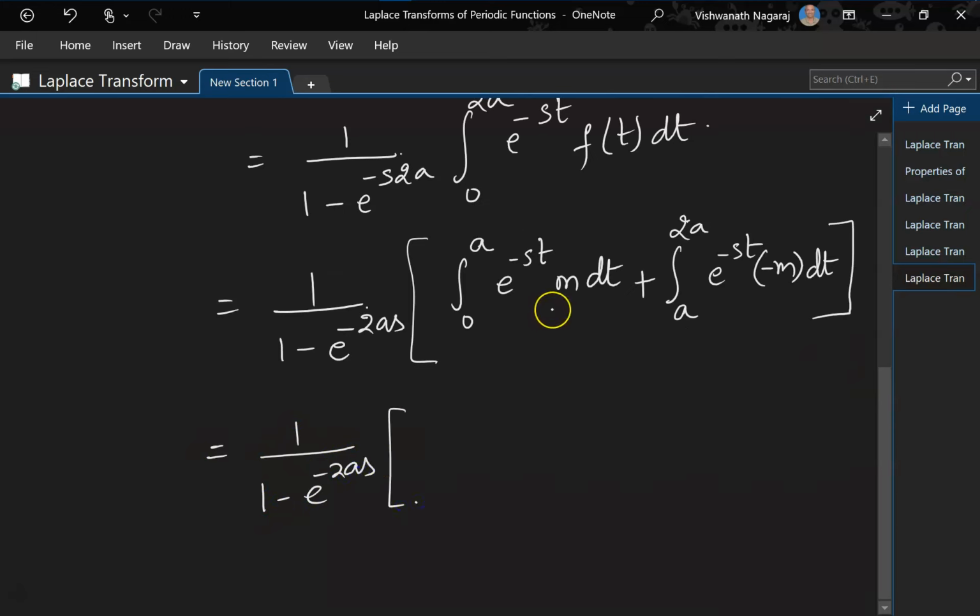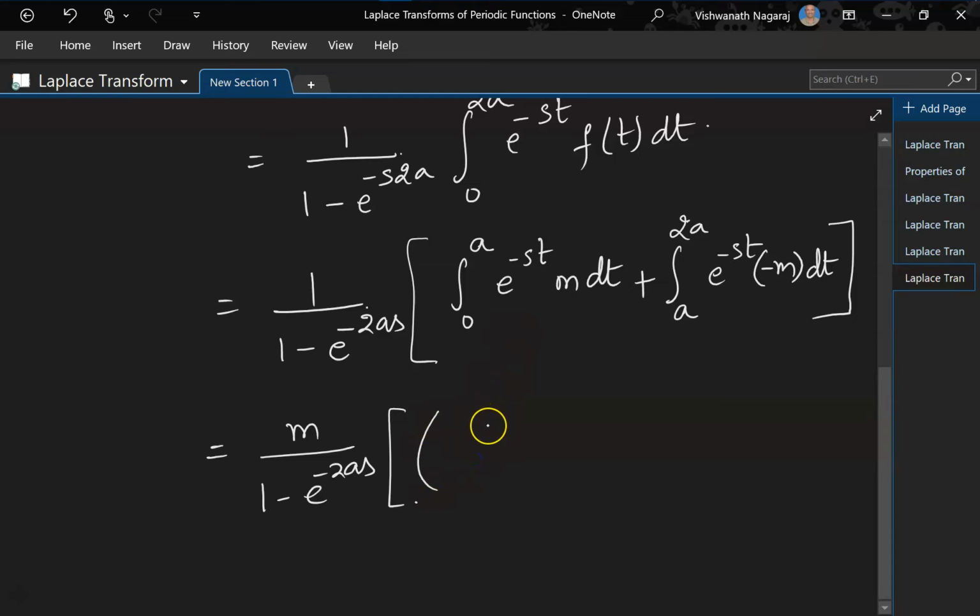Now here m can be taken out. Here also m can be taken out. So I can take out this m here, and I'll be left with e to the power of minus st dt. So we can integrate that.